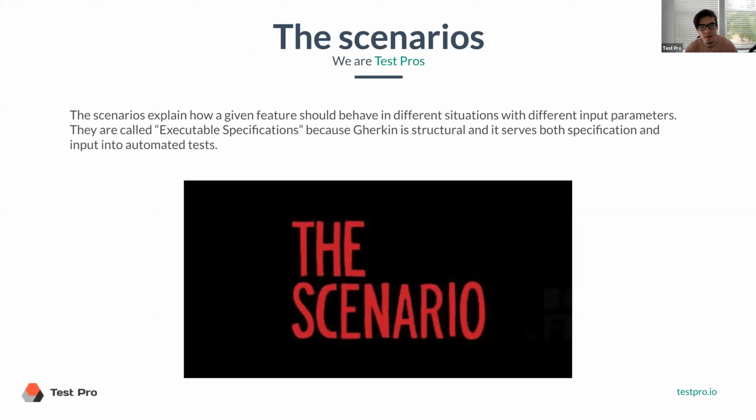Scenarios: again, in the Gherkin world there are no test cases, only scenarios. So please try to use scenario instead of test case, because scenario is more broadly used across all the different departments and all the different people in the company.